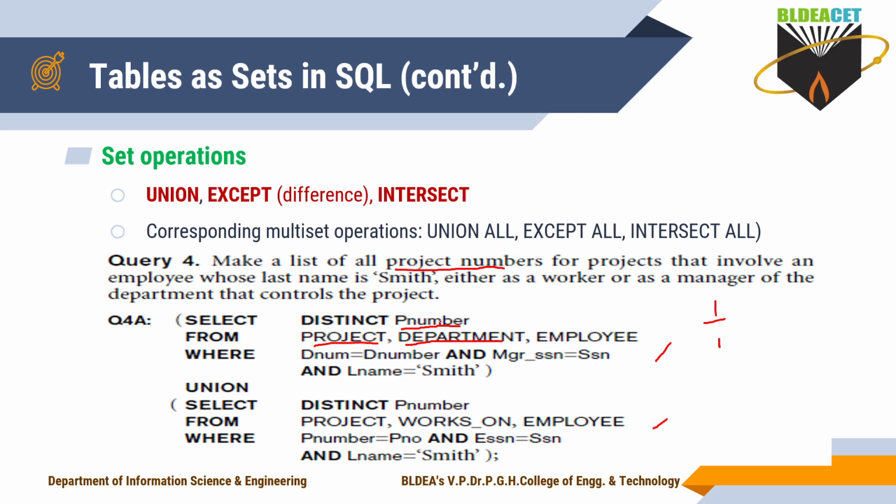The condition is on the name, and that information you get from the employee table. So that's why: select distinct P number from table. This P number belongs to the project table, and that table name you have to specify here.